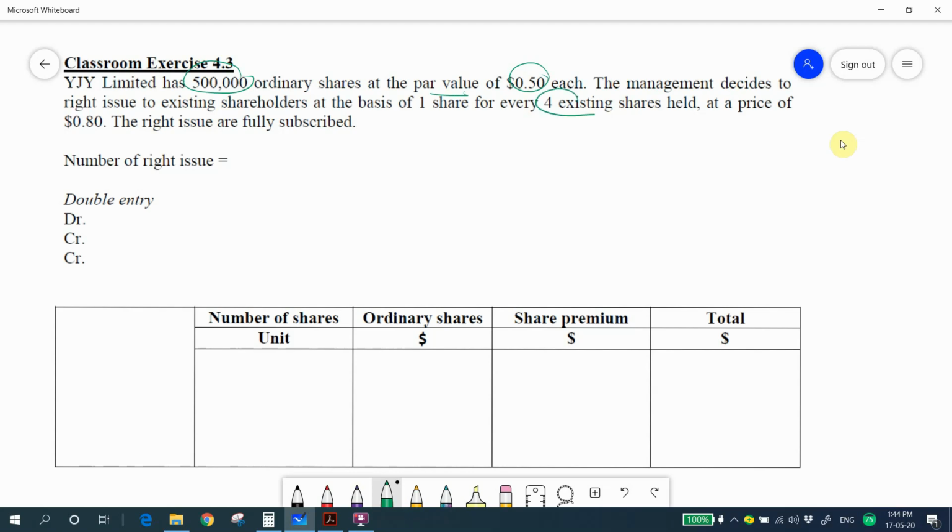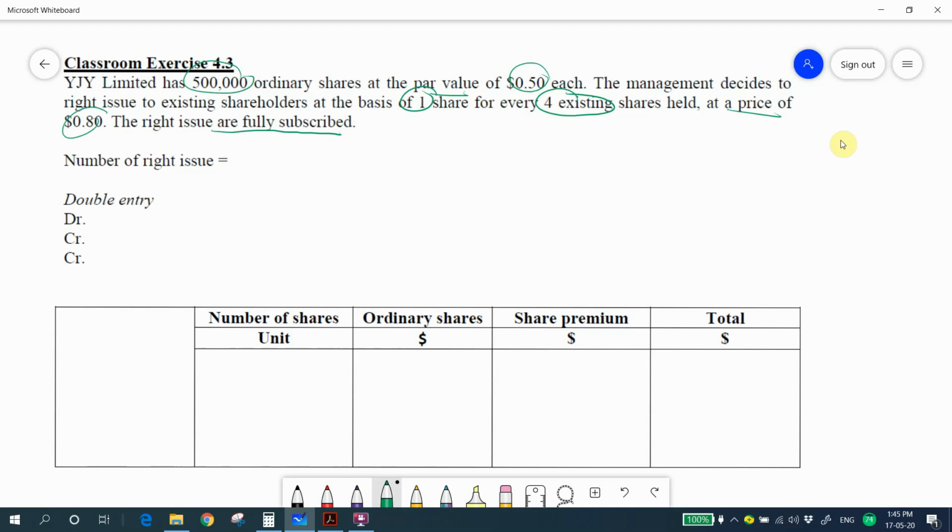If you have 4 shares in the company, you can take 1 rights share. How much does the company sell the share for? They sell at 80 cents. And the rights issues are fully subscribed, which means that all the shareholders agree to take the rights issues. It means 100% subscription.